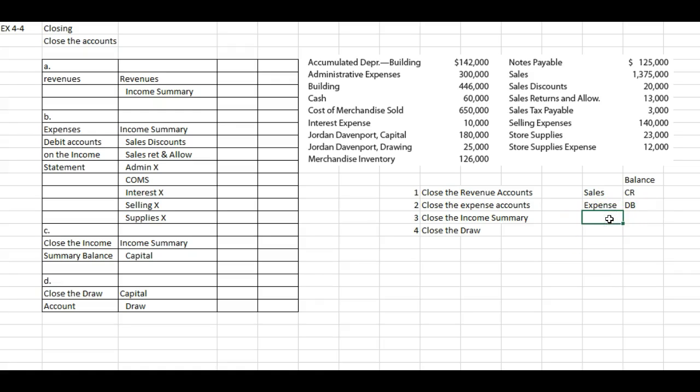The income summary account, if it has a gain, has a credit balance. Now, the draw account typically has, and that draw can be a dividend or a draw, as this one is, will have a debit balance.